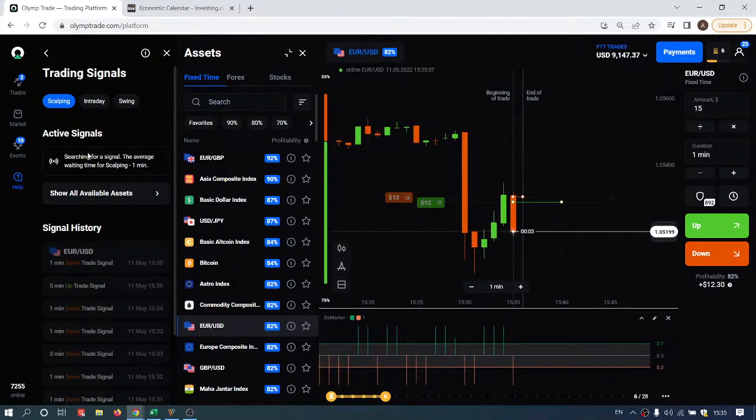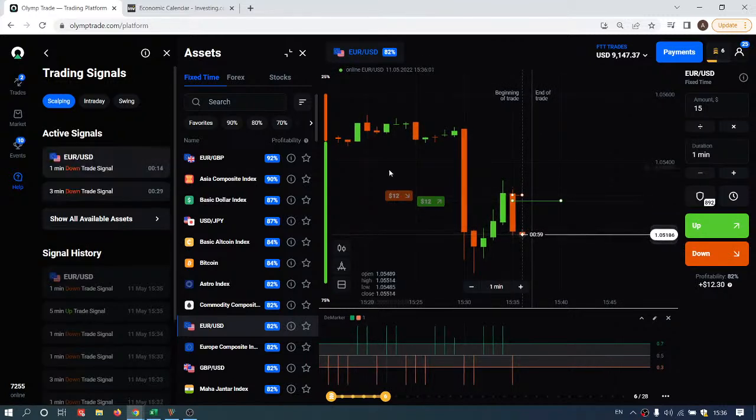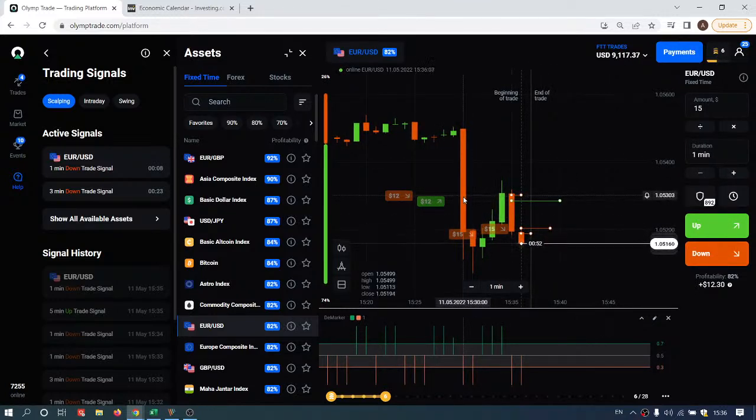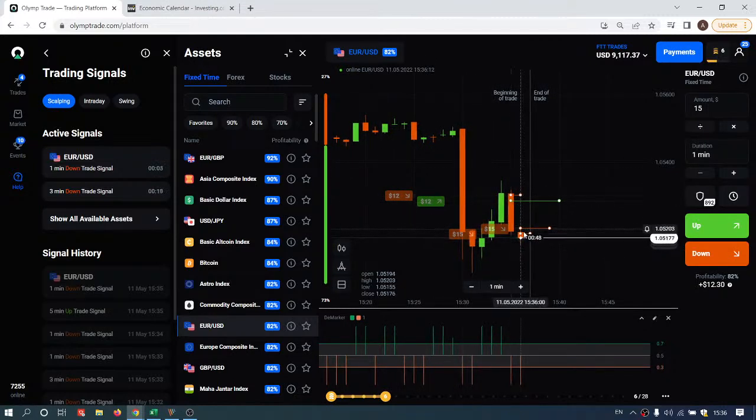I think they appear almost every minute. So one signal up and one signal down. Wow, interesting picture, right? We have this one upward signal for 5 minutes, and now we have these signals for 3 minutes. We'll see.